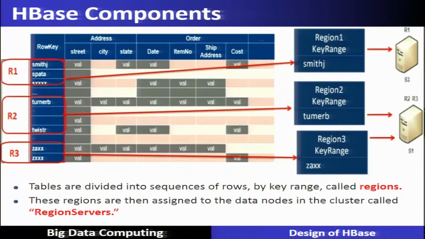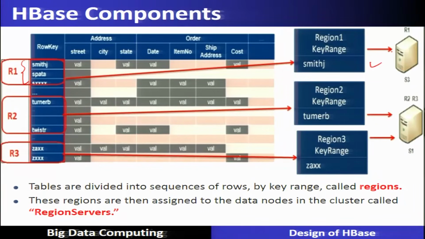The tables are divided into sequences of rows by key range, called regions. Here we can see that this particular key range is the row 1, and this will be stored together in a region. These regions are then assigned to the data nodes in the cluster, called the region servers.